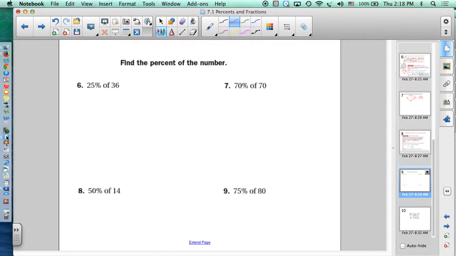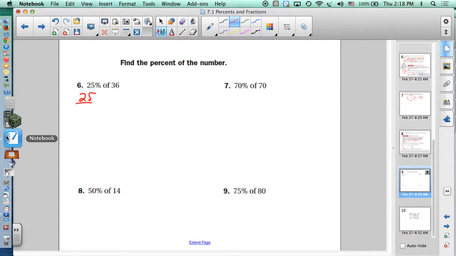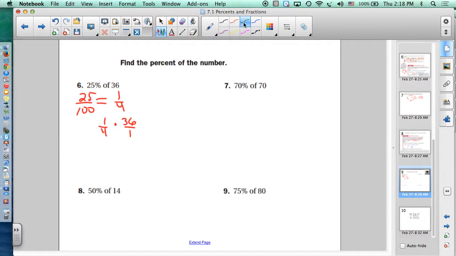Okay, so we know that 25%, we can either write it as 25 over 100, or hopefully we remember that reduces to 1/4, or a quarter is 25%. So we were going to take 1/4 of, which means multiply, 36, and I'm going to put it as 36 over 1. Now we can either multiply straight across the numerator and the denominator to get 36 over 4, or what I recommend to my kids is reduce before we multiply.